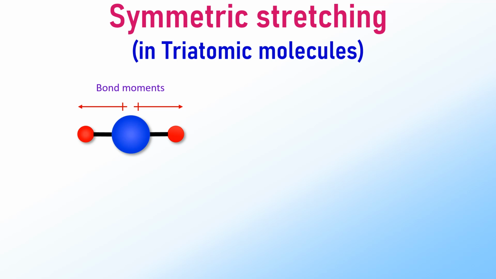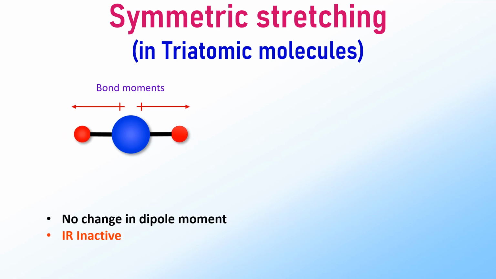But since the bonds are identical and the bond moments point in opposite directions, the molecule has no overall dipole moment. In a symmetric stretching mode, both bonds stretch by the same amount but in opposite directions. As a result, the net dipole moment of the molecule remains unchanged during this vibration, making it IR inactive.